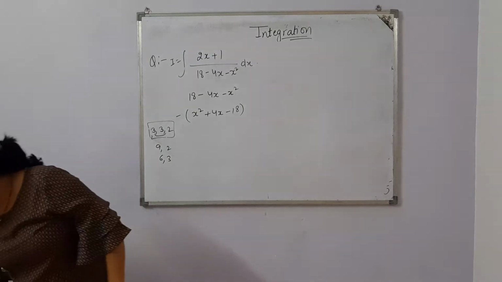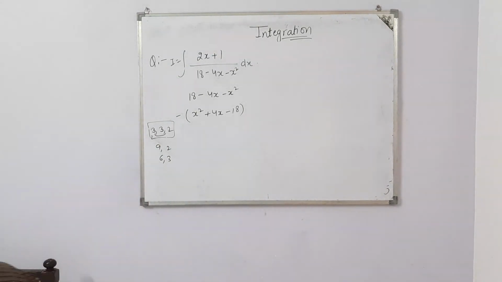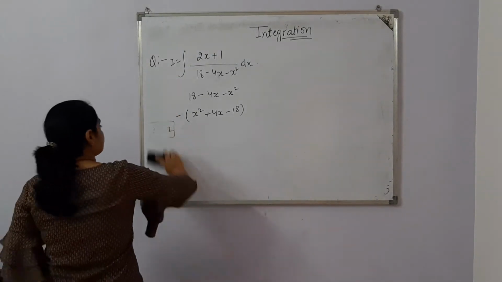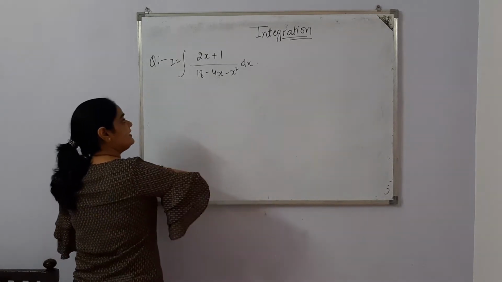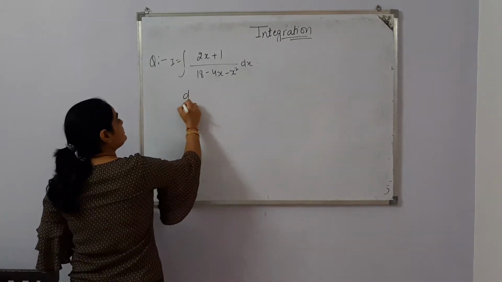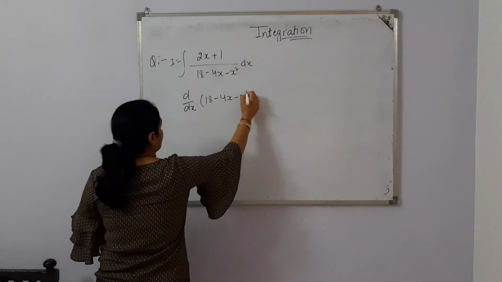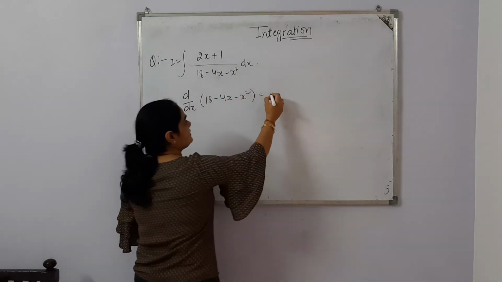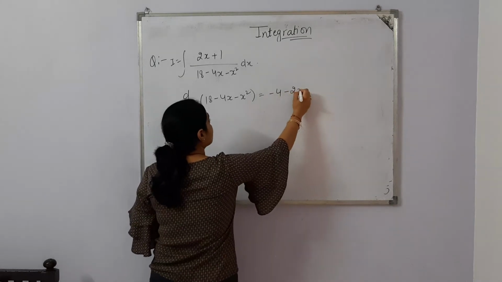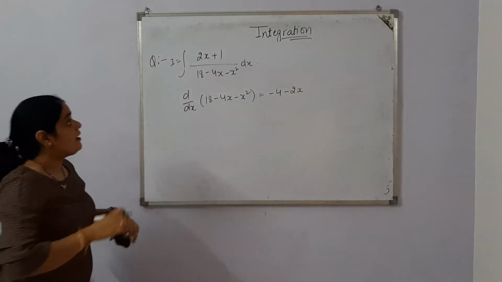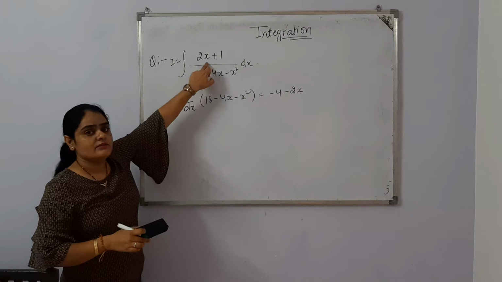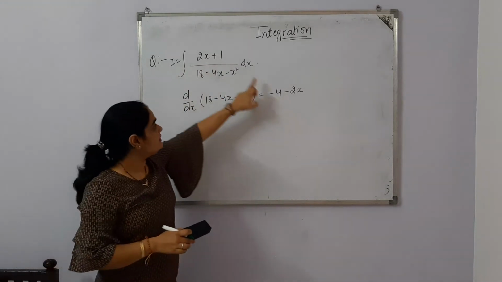If we differentiate the denominator, we get minus 4 minus 2x. So 2x is already available, the negative sign is not available.